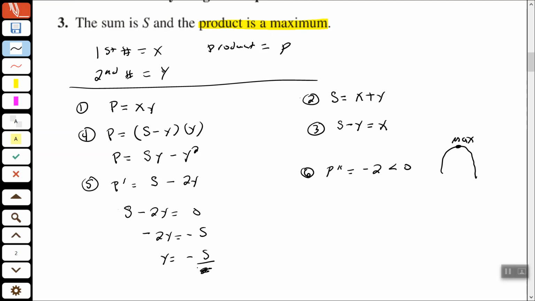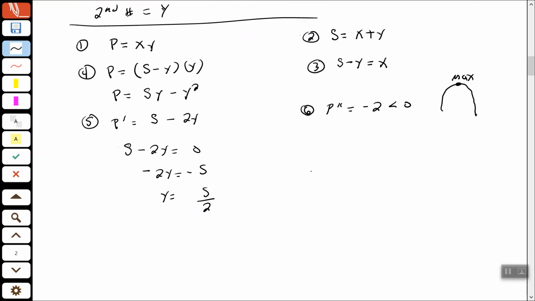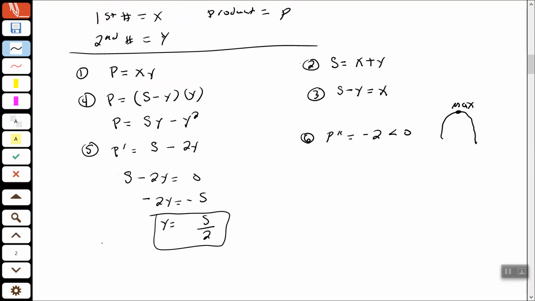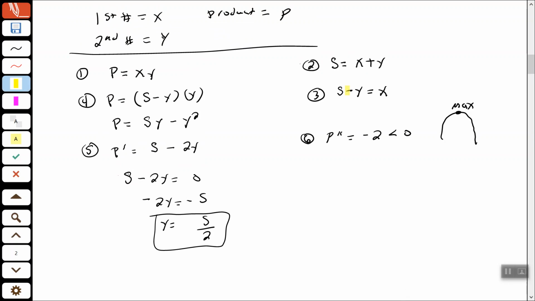So divide both sides by negative 2, and we end up with y equals s over 2, or 1/2 s. All right, but we need x and y. We need both of the numbers. So the second number, we saw back in step 3 that x was equal to s minus y.